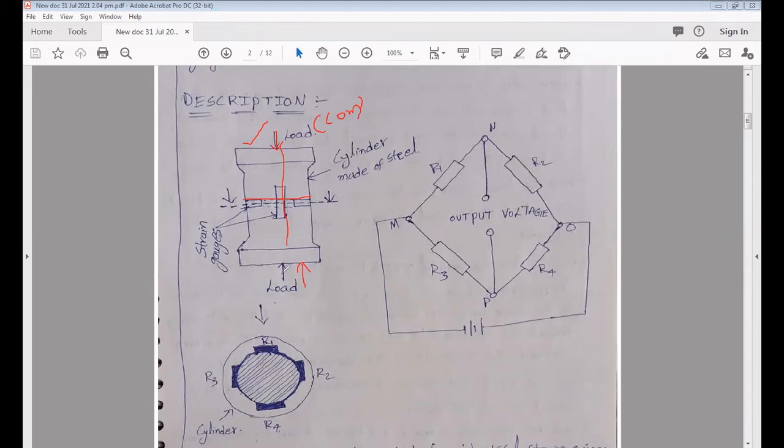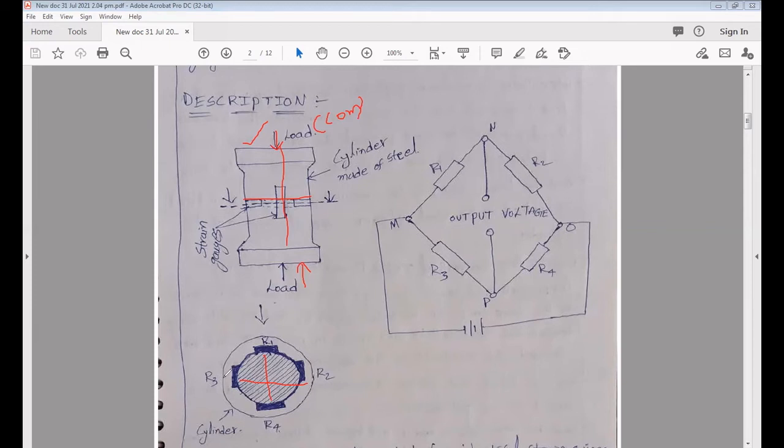We are taking 4 arms on the top of the cylinder: in the vertical direction the resistances R1 and R4, and on the horizontal axis R2 and R3.